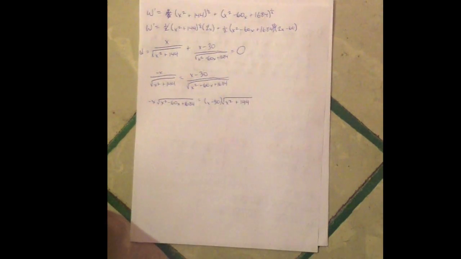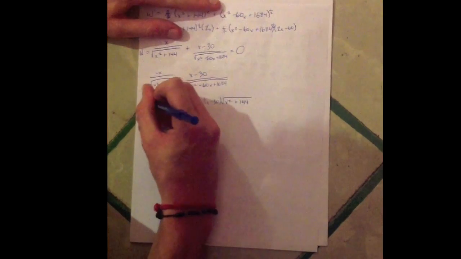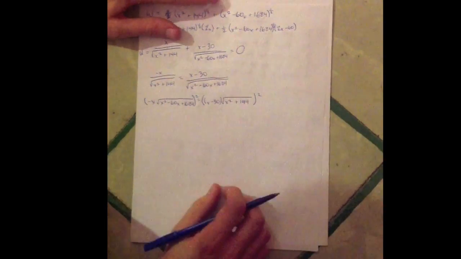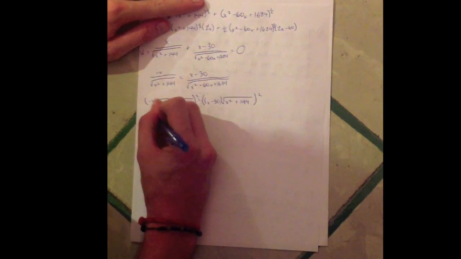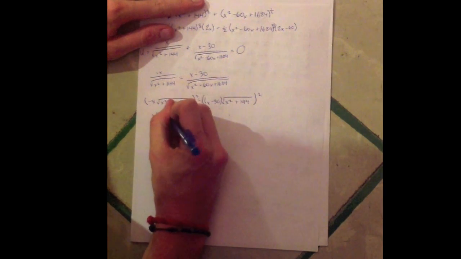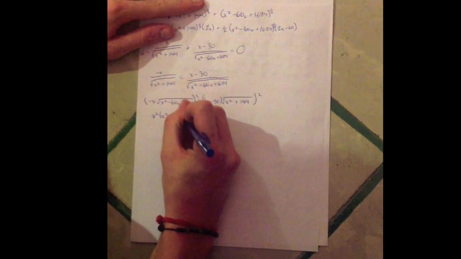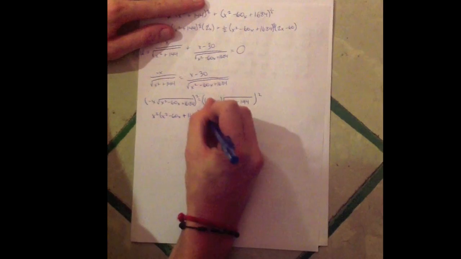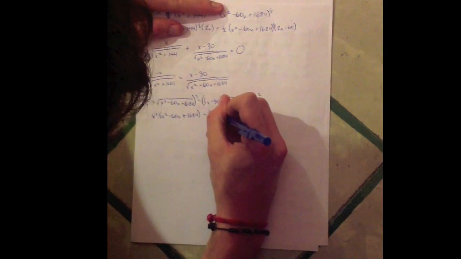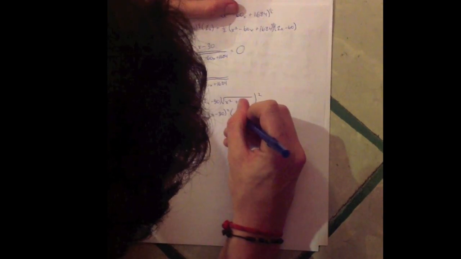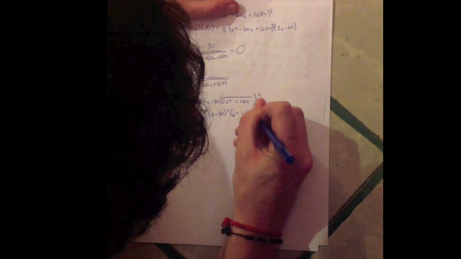Then we square both sides to get rid of the square root. We find that x squared times (x squared minus 60x plus 1684) is equal to (x minus 30) squared times (x squared plus 144).